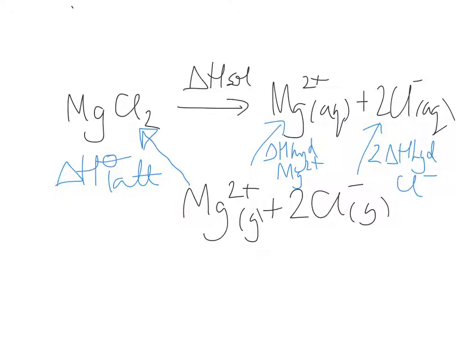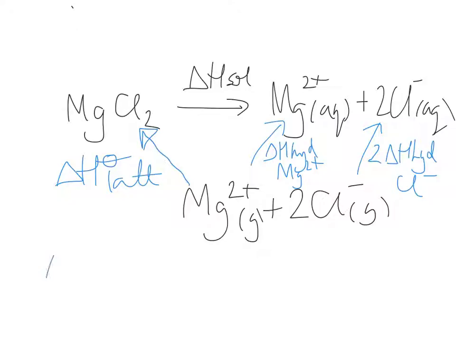Let's say you have been asked to work out the delta H hydration for Mg2 plus. What you can do is write yourself an equation and then solve for that.